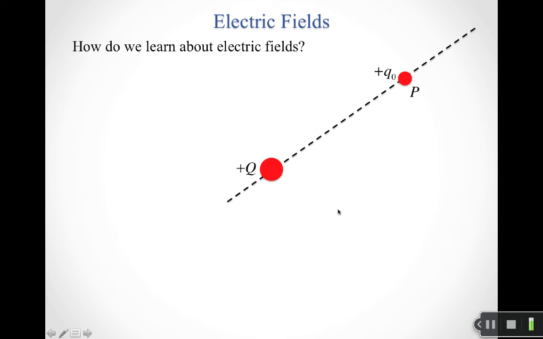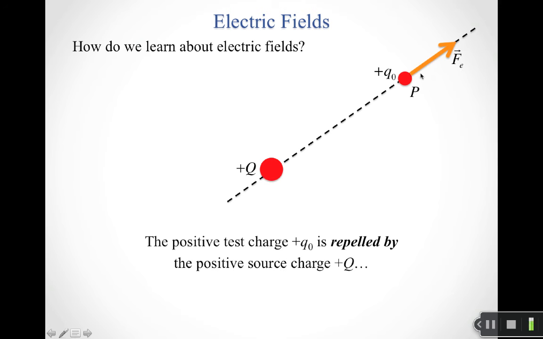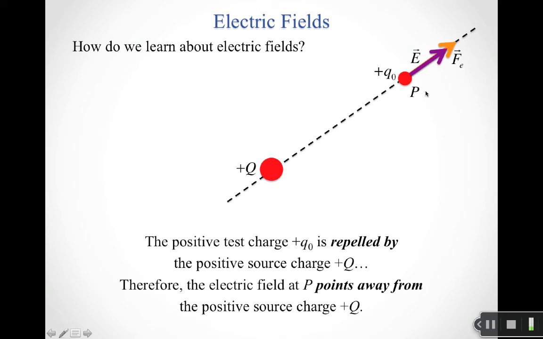All right, so the way that we're going to learn about electric fields is, again, let's say here's my source charge. Here's my test charge. I put it at the point P where I'm interested in the electric field. I know that my positive test charge will be repelled by my positive source charge, so it's going to feel an electric force that points away from the source charge, which tells me that the electric field has to point away from the source charge.